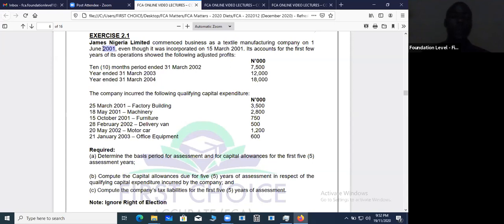Now, look at the basis period. They are bringing the accounts to March 31st every year. That's fine. Now look at the capital allowances and look at the amount spent on capital allowances.